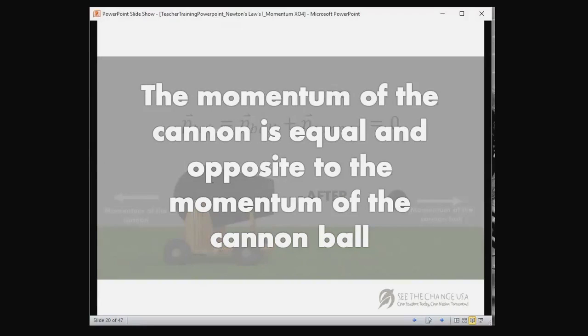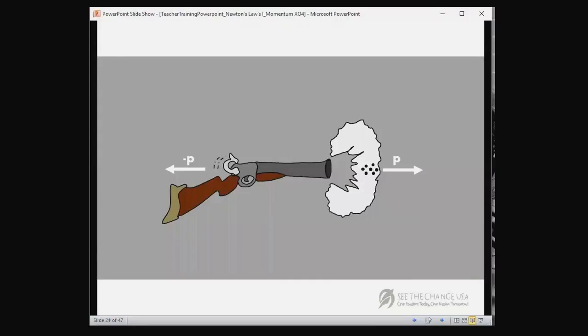So the momentum of the cannon is equal and opposite to the momentum of the cannonball. If we take a look at just a little gun shooting some pellets, what's so interesting is that the momentum of the gun shooting back is equal to the momentum of the bullets moving forward. And we might ask, if that was the case, why doesn't it blow off your shoulder if you shoot a rifle?